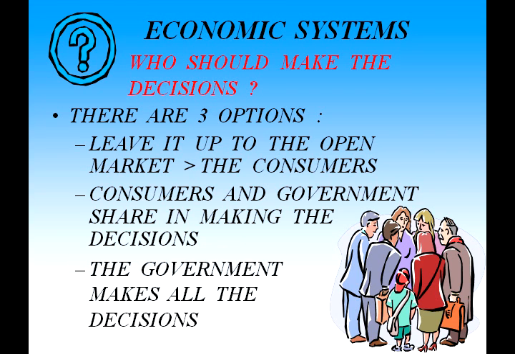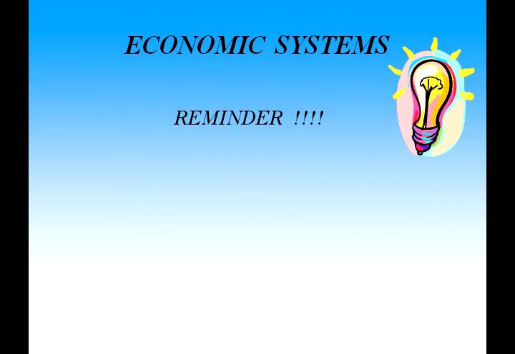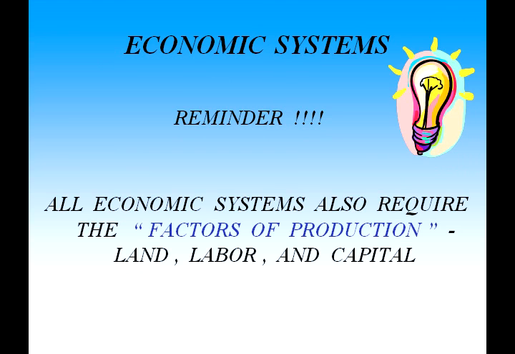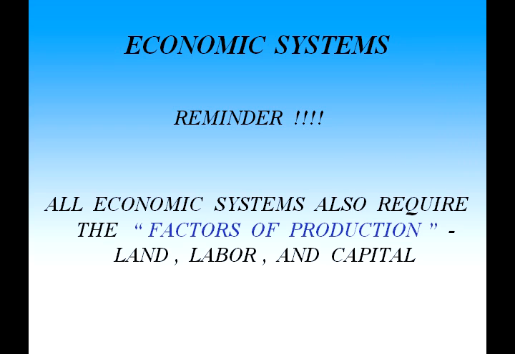Or, the third option, should the government make all the decisions with regard to those first three economic questions? In answering those four questions, the society must also remember one additional thing, that all economic systems also require the factors of production: land, labor, and capital.